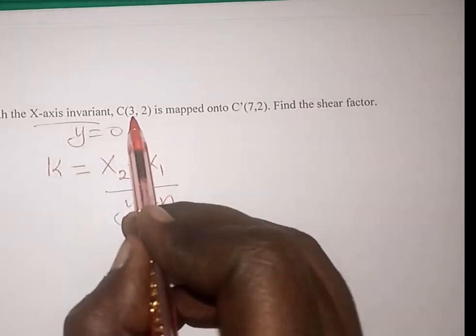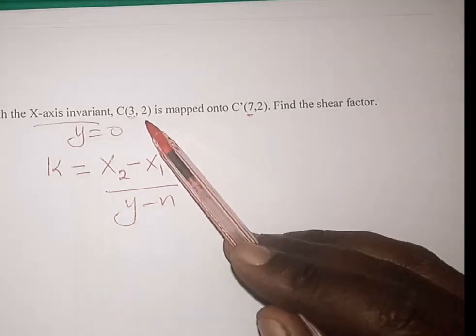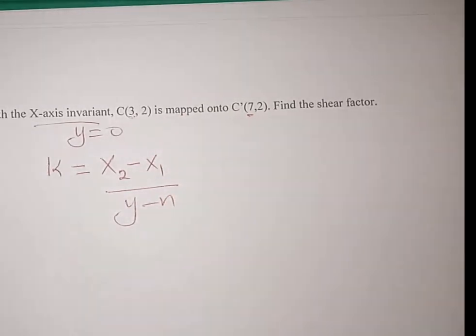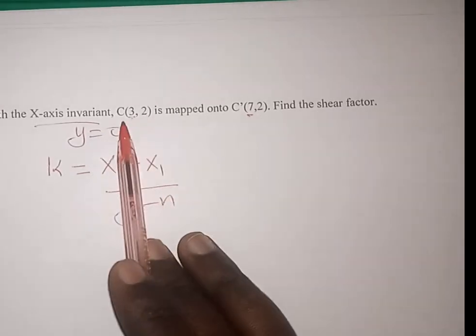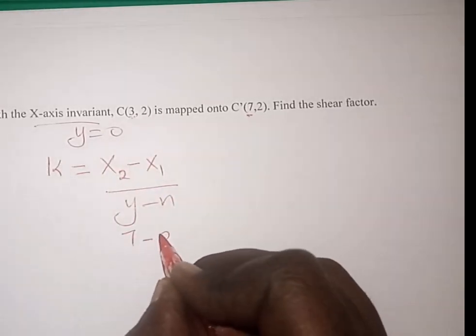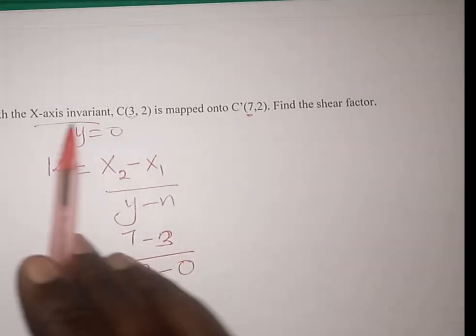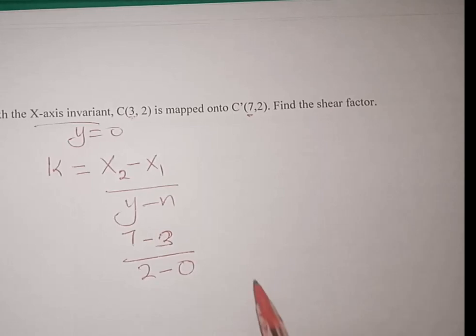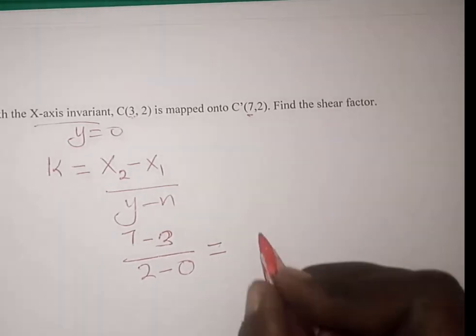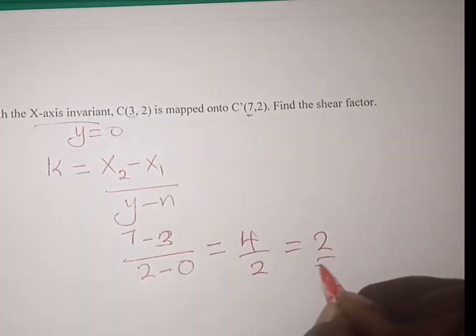So looking at the 2 points, we have the x1 as 3, x2 as 7. It's only the values of x that are shifting, but the values of y remain constant under the 2 points C to C prime. So we say it is 7 minus 3 all over 2 minus 0, because the x-axis is 0. We end up getting 4 over 2, and the shear factor is equal to 2.